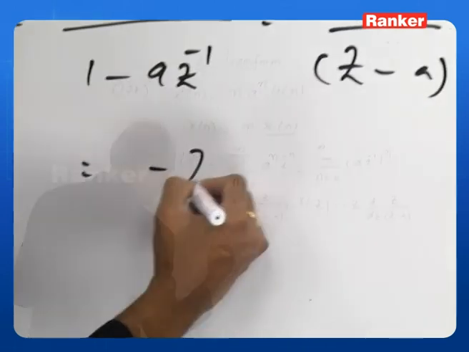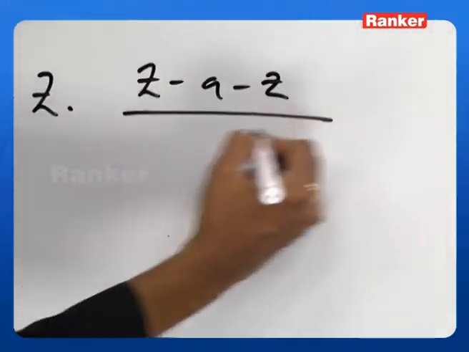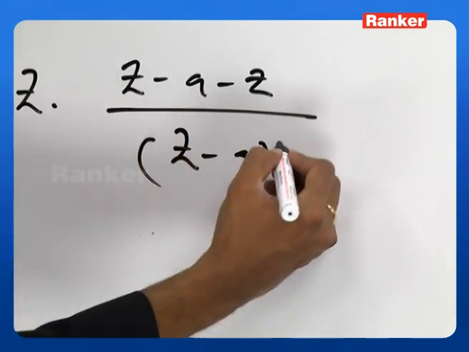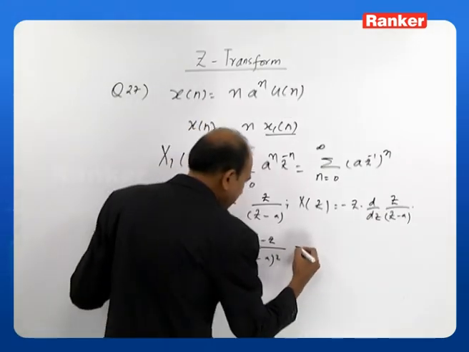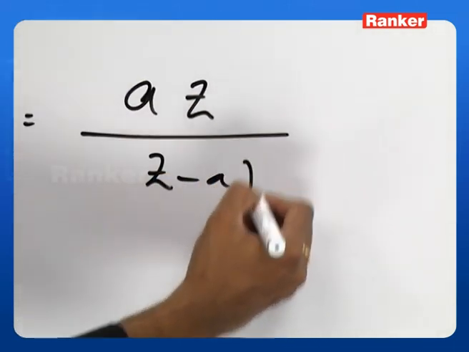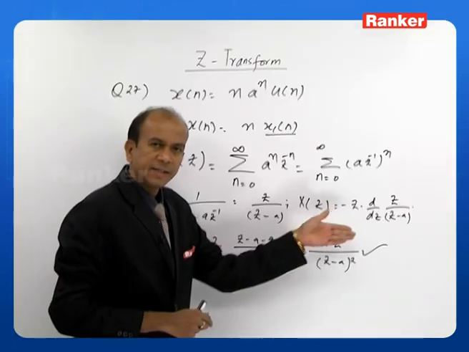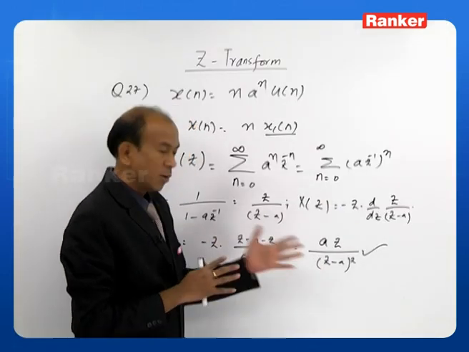So that will be equal to minus z into z minus a minus z by z minus a whole square. So this will be equal to az by z minus a whole square. So this is my answer, az by z minus a whole square.